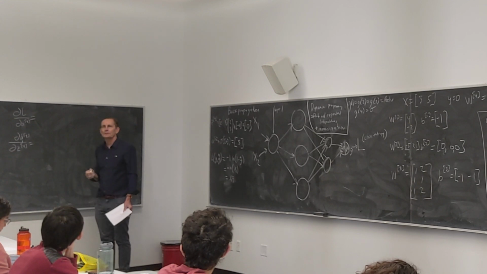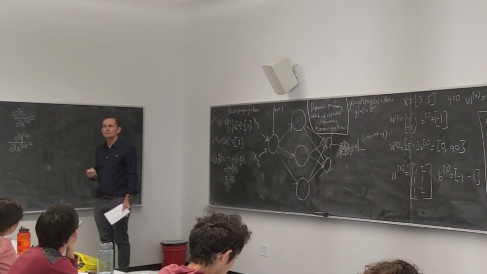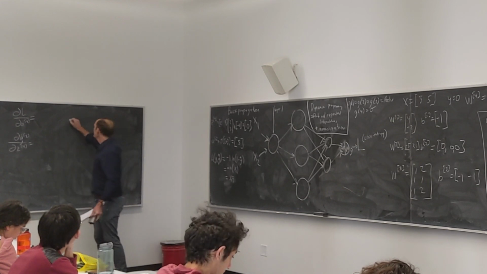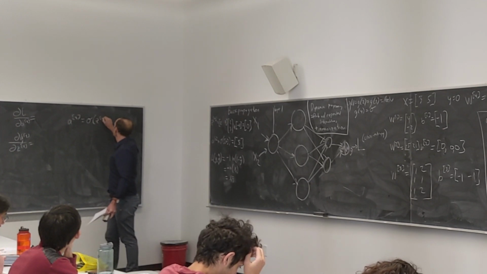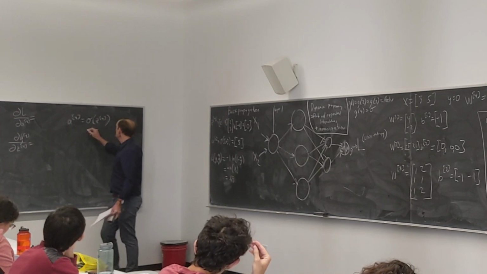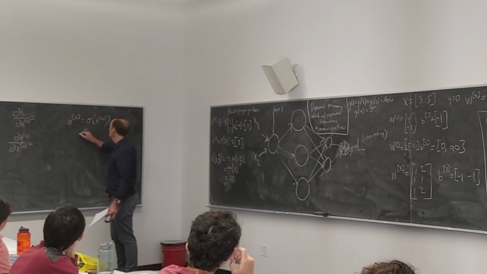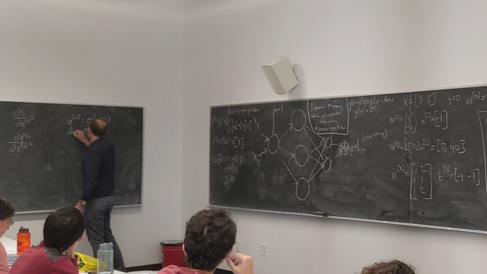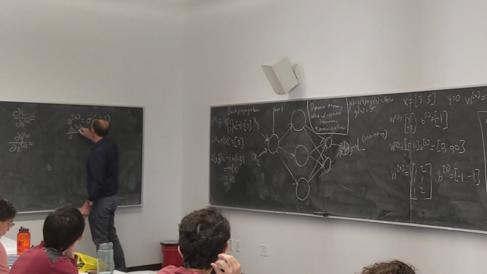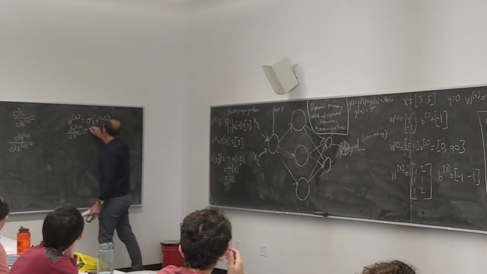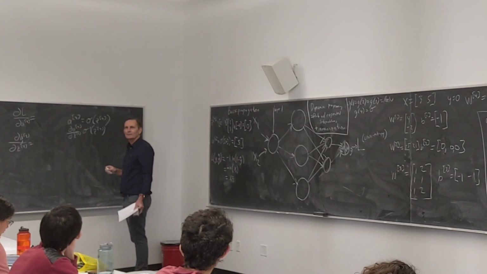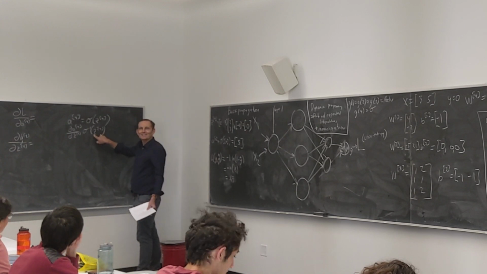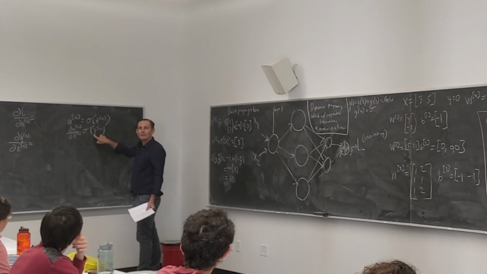What's that equal to? It's a sigmoid, right? We said A4 equals sigmoid of Z4. So the derivative with respect to Z4 is sigma prime of Z4. But what's sigma prime? Well, sigma prime of x is sigma of x times 1 minus sigma of x.